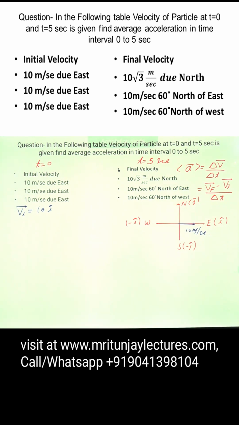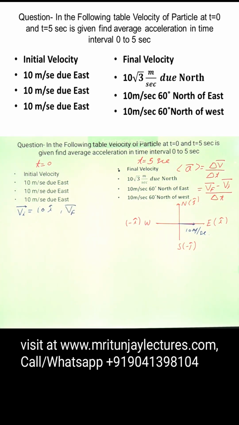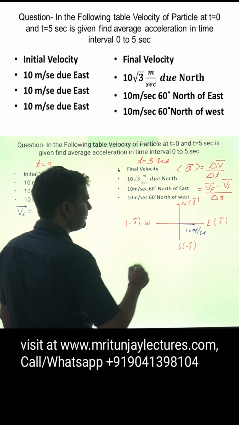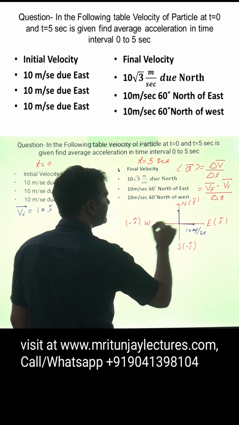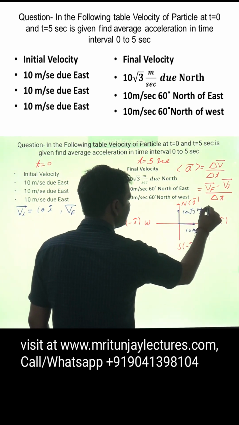Very simple. After that, what about the final velocity? 10 root 3 due north means this one going up here, that is 10 root 3 meter per second.